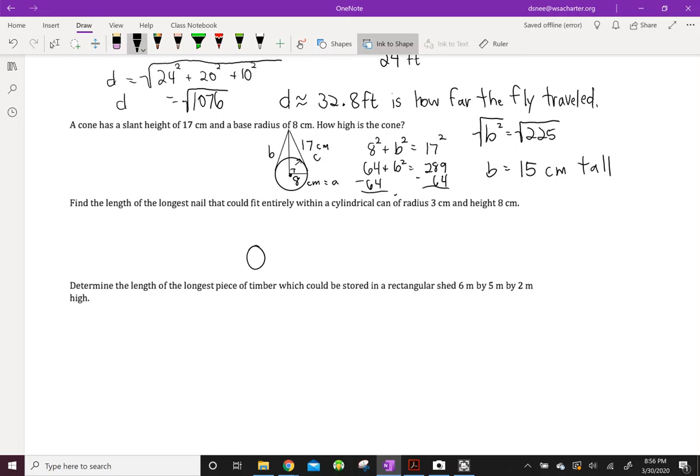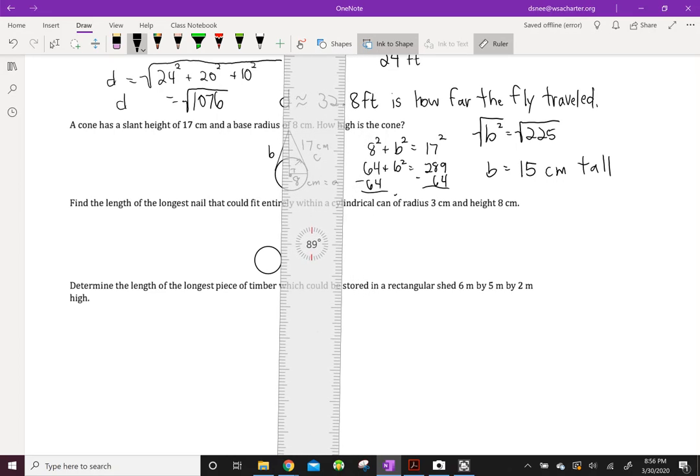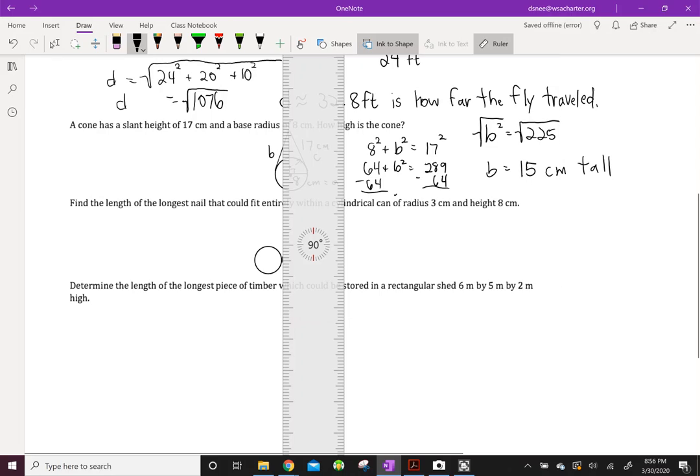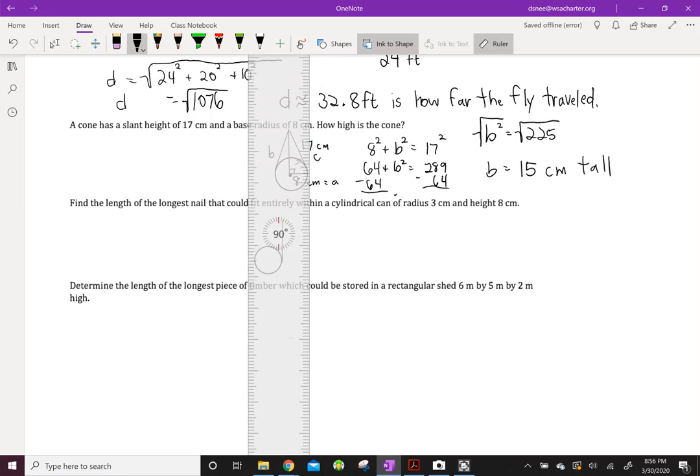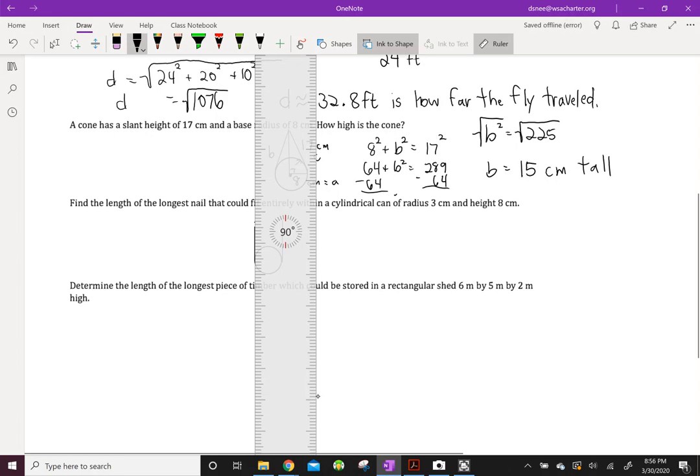Let's see, ink to shape, and draw some lines. I'm going kind of slow here, and there's no need to be completely precise with this.